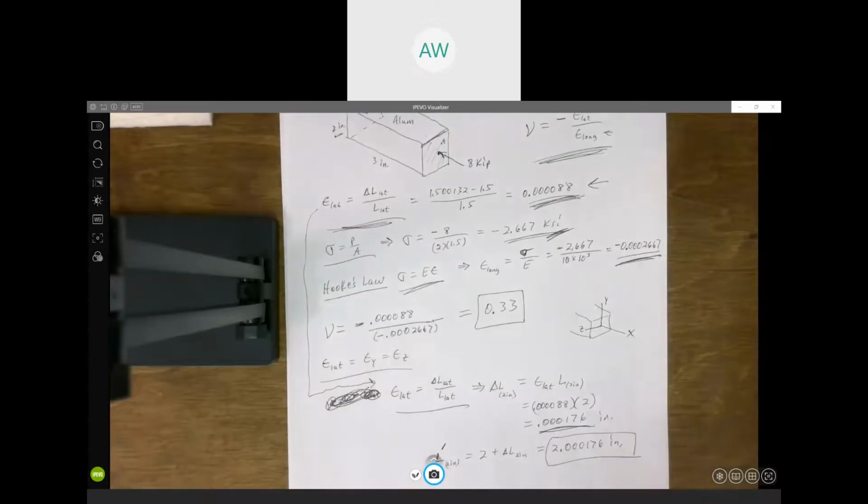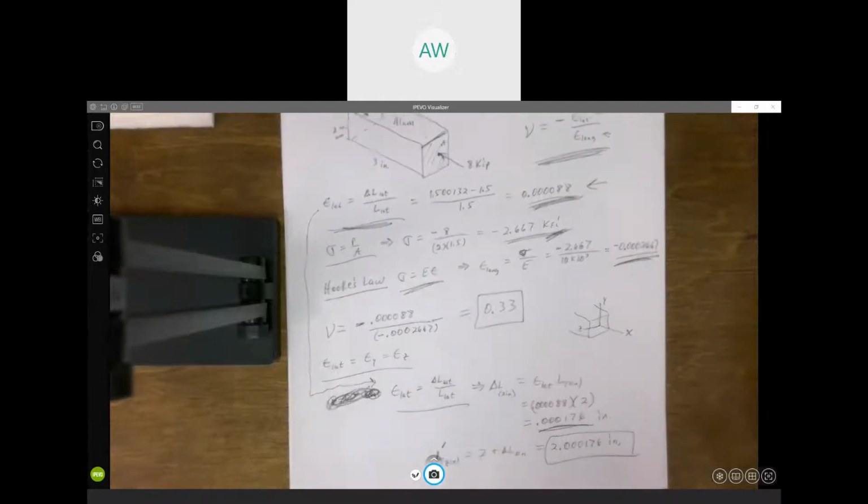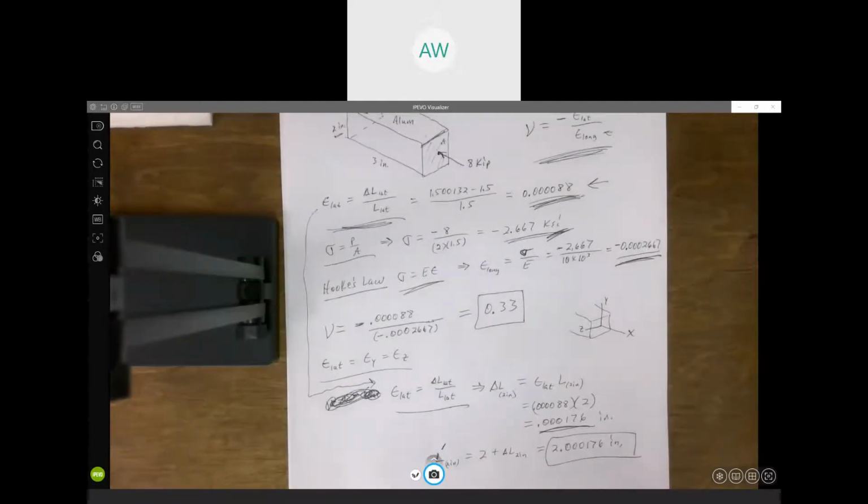That would be the new deformed length of that 2-inch side, which again, as we see, it's going to increase. It's going to get a little bigger. So good example, making use of knowing what the definitions of lateral strain are, Poisson's ratio, Hooke's law.